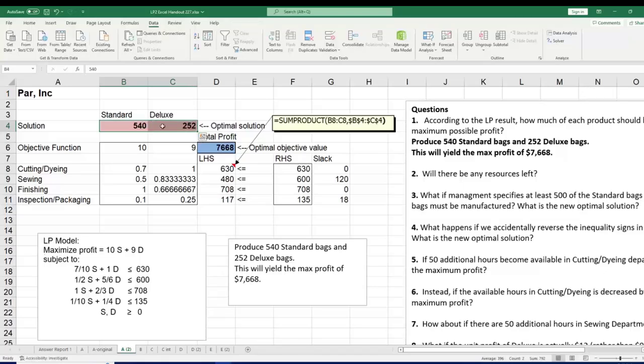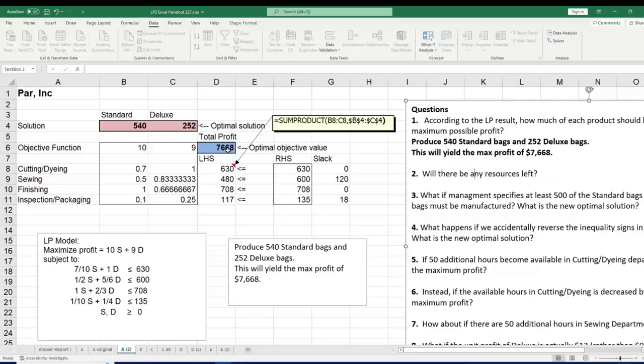Here's the optimal solution: make 540 standard bags and 252 deluxe bags. And what do we get from this? We get a maximum profit of $7,668. Now we should also know, will there be any resources left?